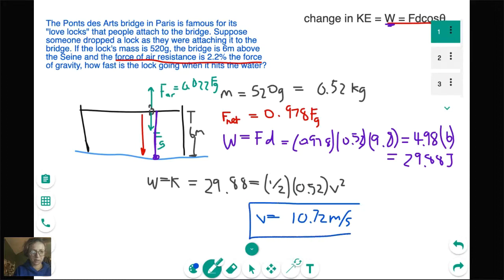So I know I'm skipping a little bit of algebra here, but it's fairly straightforward algebra. So 10.72 meters per second is how fast this lock is going just as it hits the water. All right, so that's one example of work being converted into kinetic energy.